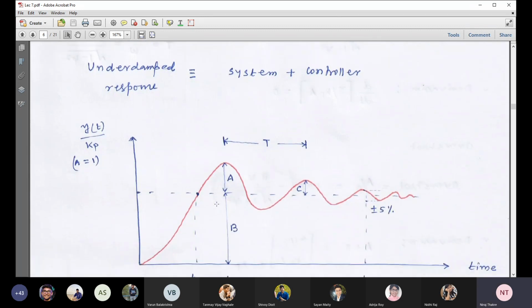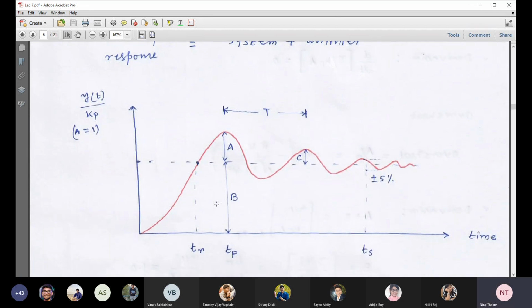So this is the graphical representation for an underdamped system. You just draw it.